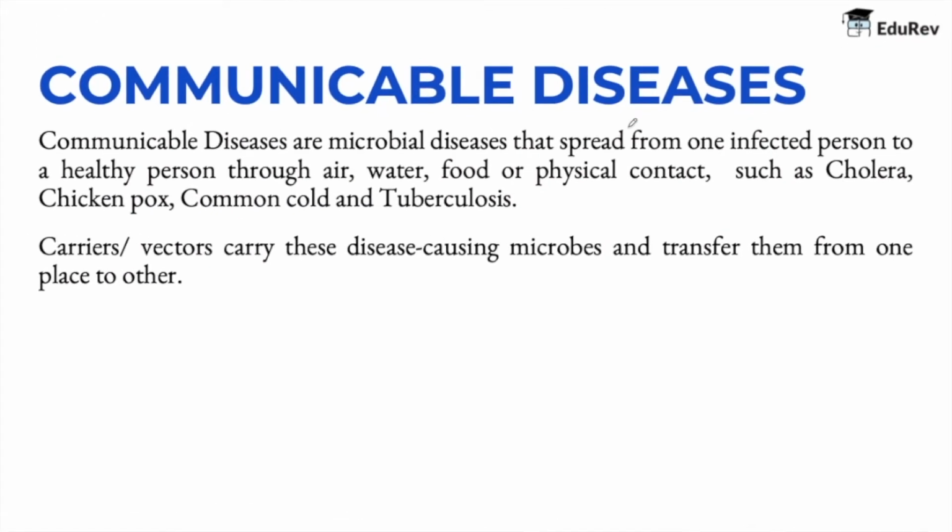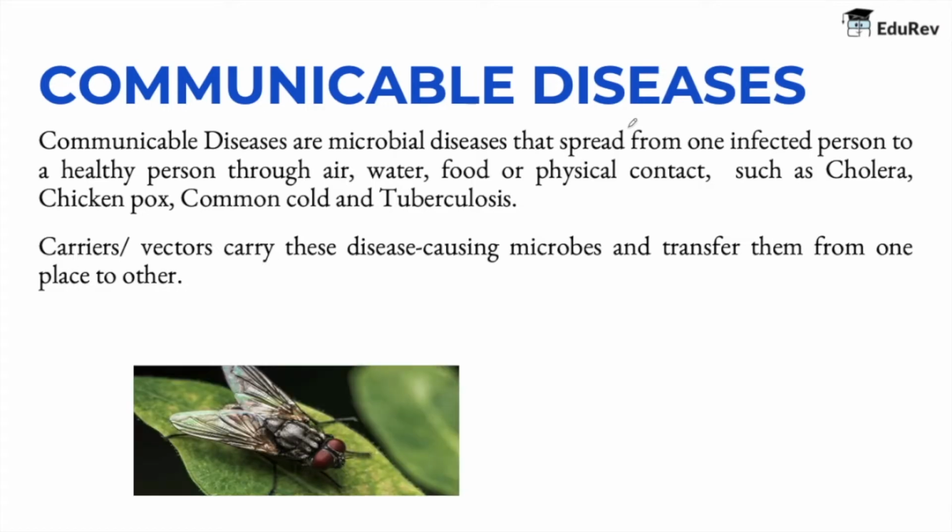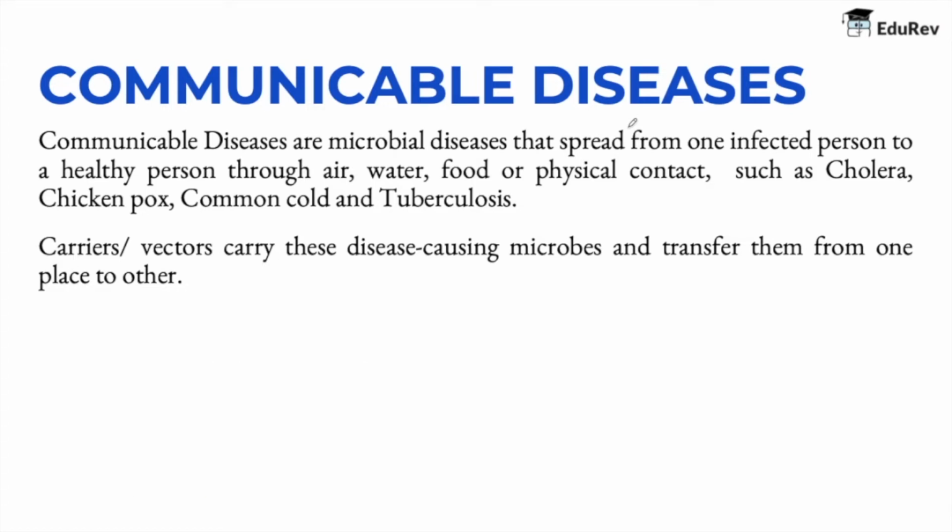Now let's move on to the topic, that is communicable diseases. So communicable diseases are microbial diseases, that is, diseases that are caused by microbes that spread from one infected person to a healthy person through air or water, food or physical contact, such as cholera, chickenpox, common cold and tuberculosis.